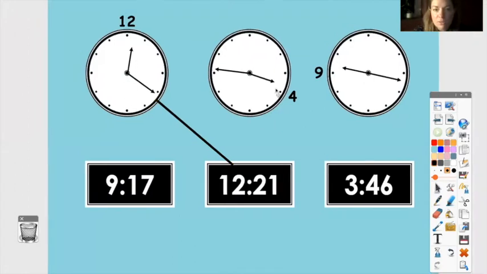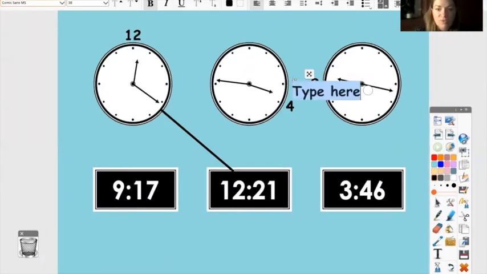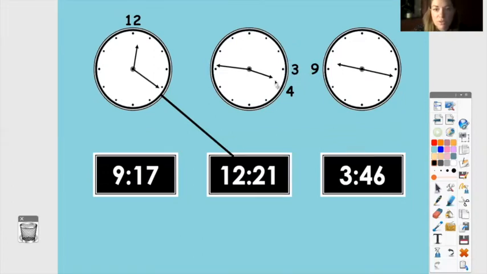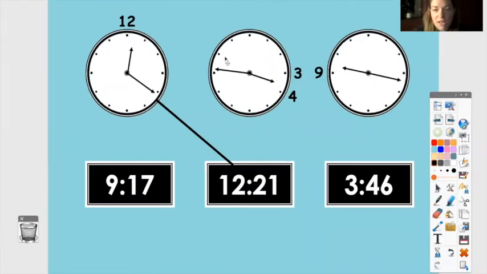Okay, this one is 4, but we're not quite at 4 yet. We haven't reached 4 o'clock. So actually what I do need to do is mark on the hour before. So that's 3 something. Okay, so 3, but I've gone past the hour of 3. I'm on my way to 4. How many minutes past 3 am I? Well, I am 5, 10, 15, 20, 25, 30.